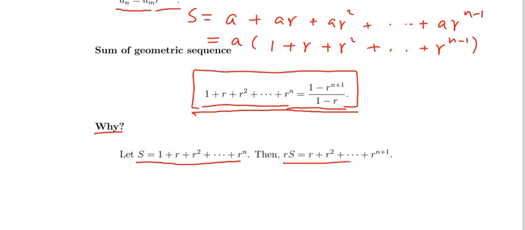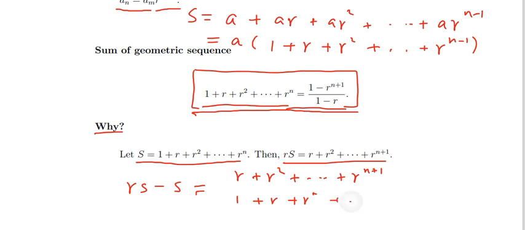R multiplied by S equals this, right? So this one minus this equals R plus R^2 up to R^(n+1), minus 1 plus R plus R^2 up to R^n. The middle terms cancel, so this becomes R^(n+1) minus 1.